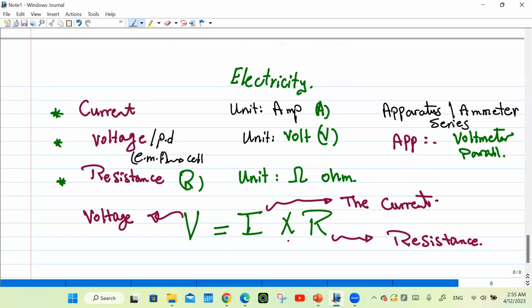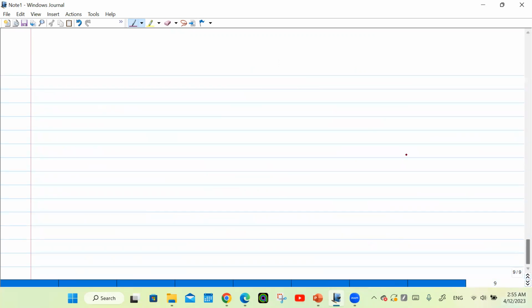Ohm's law states that the voltage is equal to the current times the resistance. This is a mathematical rule. You can use a magic triangle, or formula triangle, to calculate the voltage, the current, or the resistance in the circuit using Ohm's law.